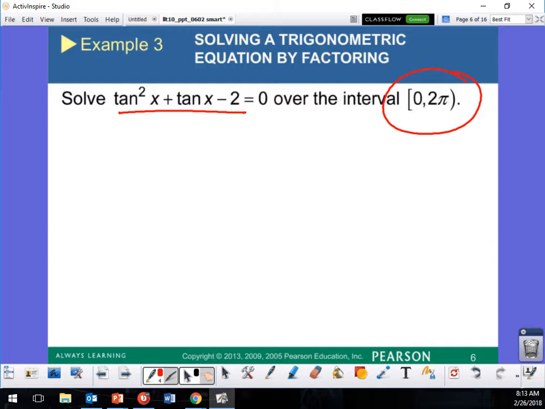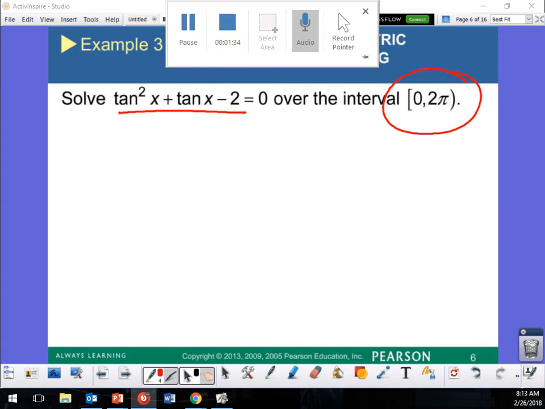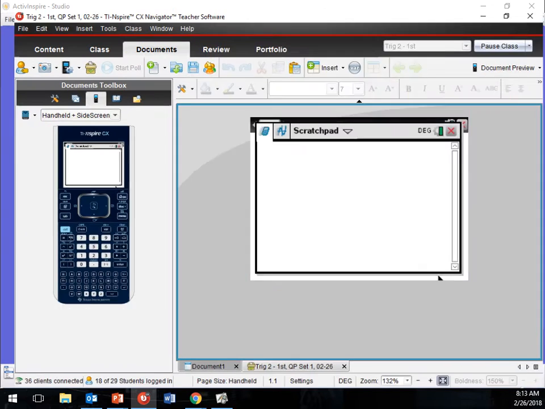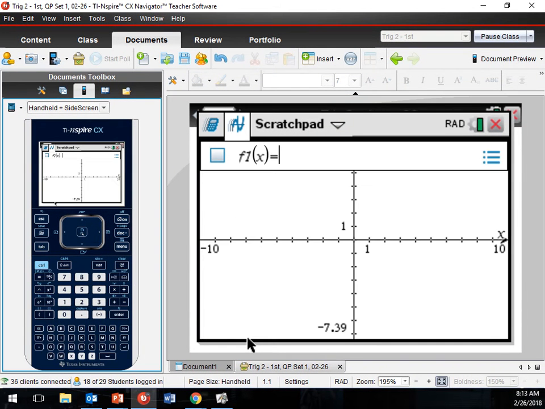I'm going to show you guys how to enter this. When you are doing this, you could always start off with a doc B, and it'll help you out. So, I'm at my graph.